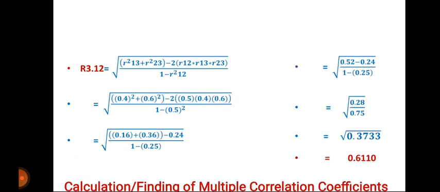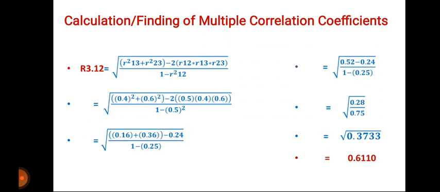And the last one is R3.12, the multiple correlation coefficient of the third variable with first and second variable. First the formula: 3 with first and 3 with 2, means R13 and R23. These all three multiplied by 2, divided by 1 minus R square 12.